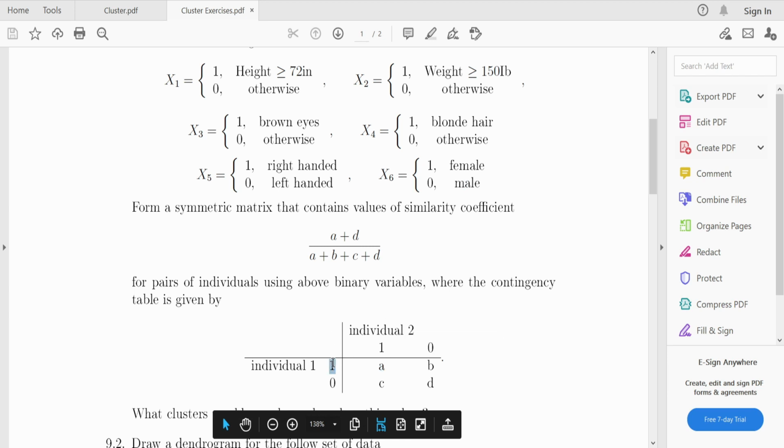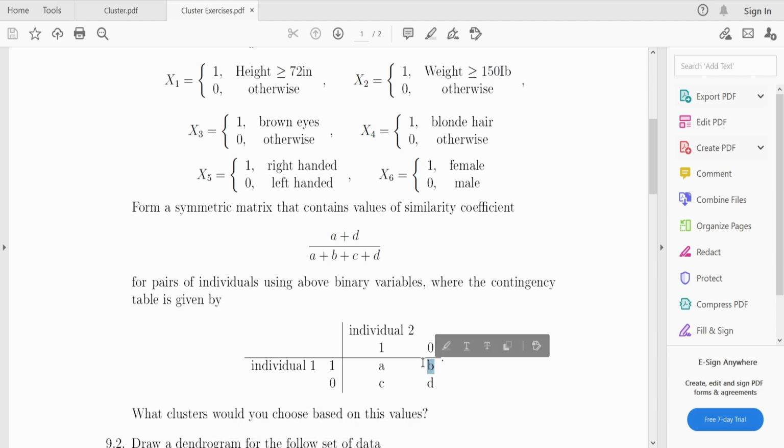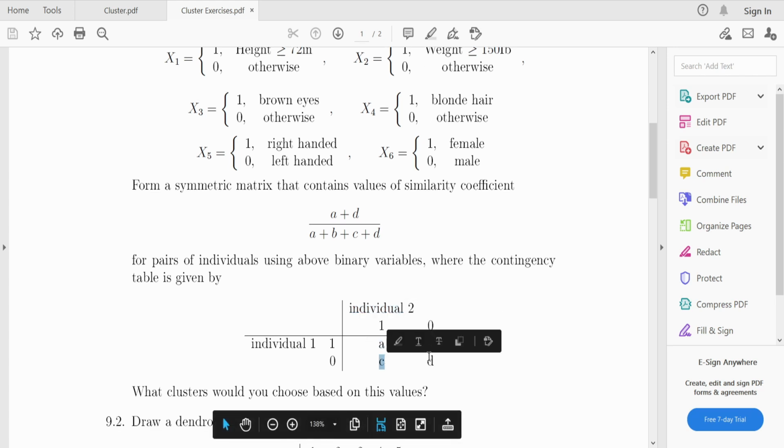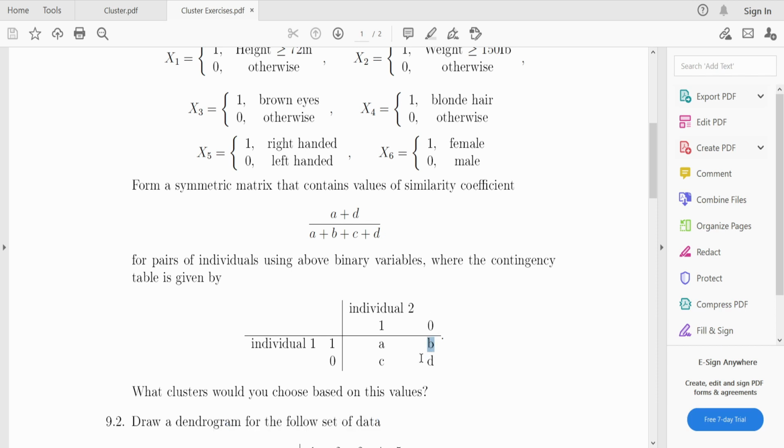Similarly for the other pairs. So this is where individual 1 has that characteristic, but individual 2 does not have. And then you go over how many times, so the frequency of matches and mismatches for those two individuals, or in general items. This will be a little bit clearer on the example.